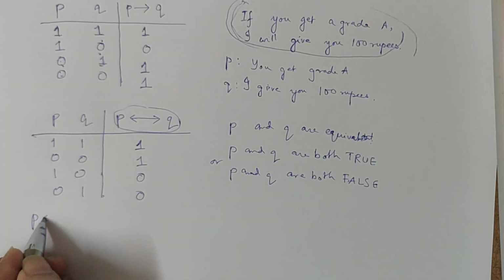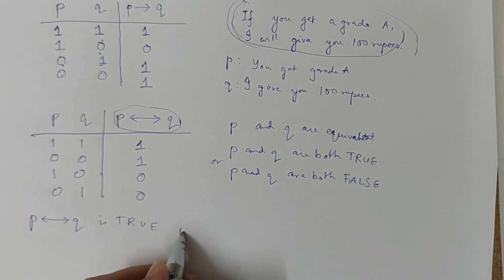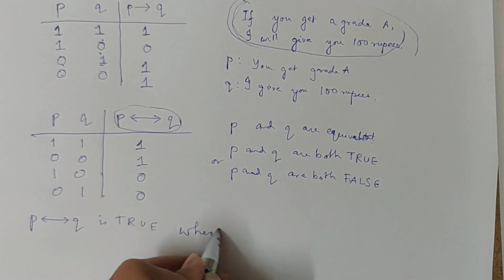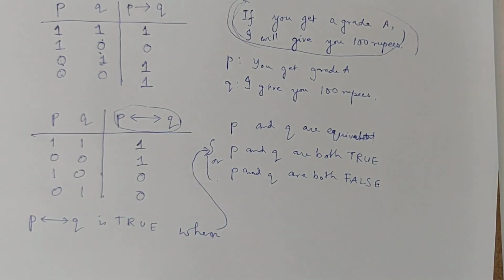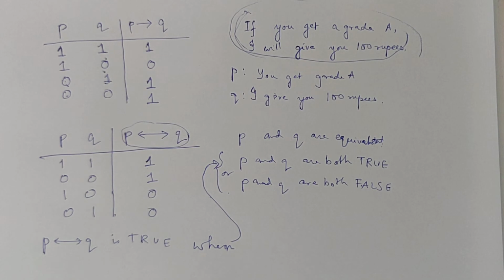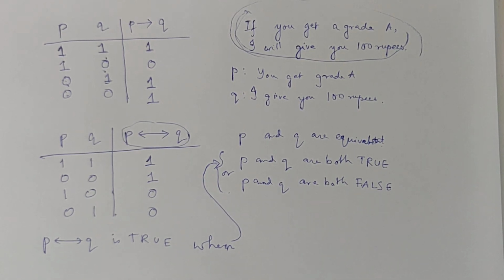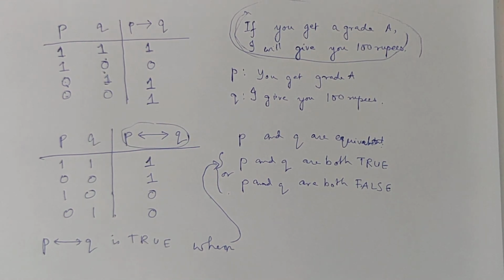So I will write in short, when this is the condition. So these are the truth tables of implication and biconditional or equivalence. These are the truth tables which you may not have encountered in your BTech classes, but you have just studied it now.